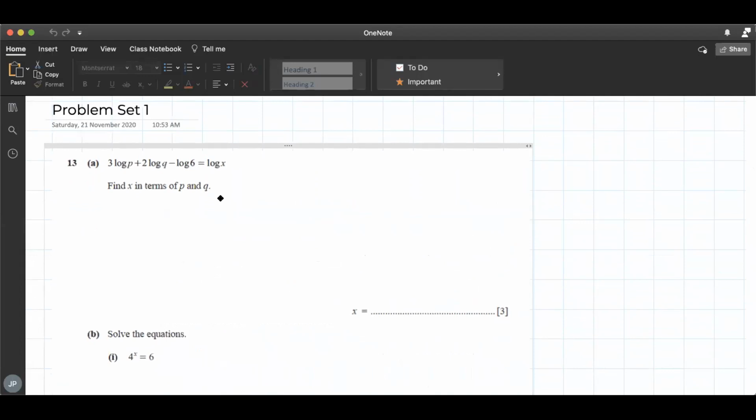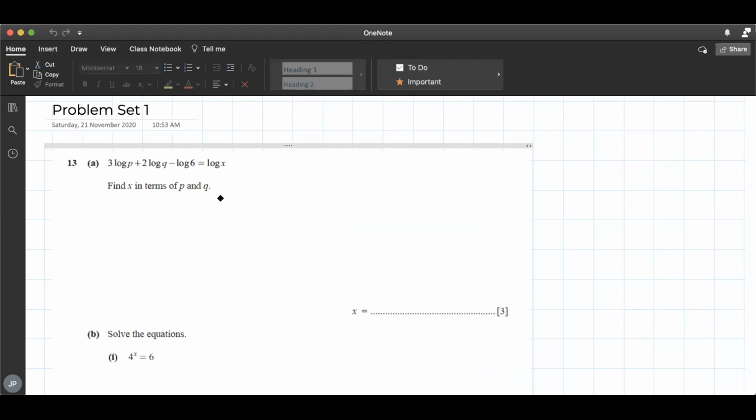So you've got that nice equation, 3 log p plus 2 log q minus log of 6 is equal to log of x. And the idea is to reduce the left-hand side using the properties of logarithm, writing it as one term, and comparing with the right-hand side, you can tell what that x is.